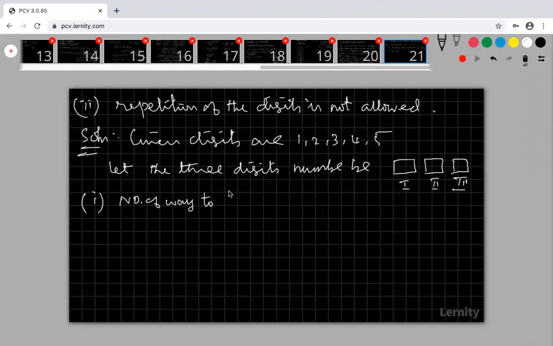Okay, the number of ways to fill our unit place. How many ways can I fill the unit place of the 3-digit number?